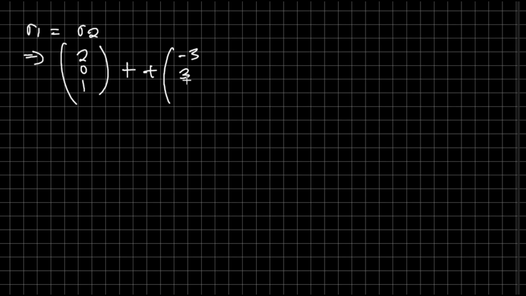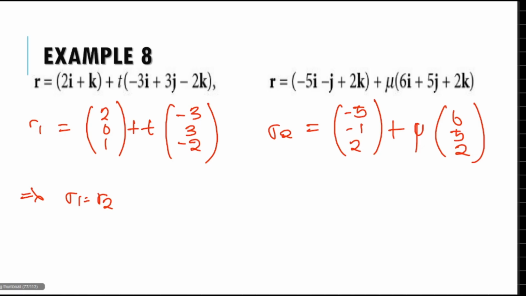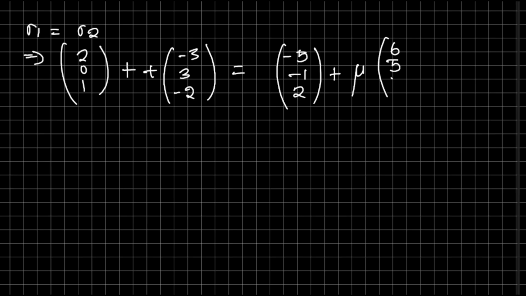Equating both sides, we have that r1 equals r2 implies (2, 0, 1) plus t of (-3, 3, -2) equal to the other one, (-5, -1, 2) plus mu of (6, 5, 2).